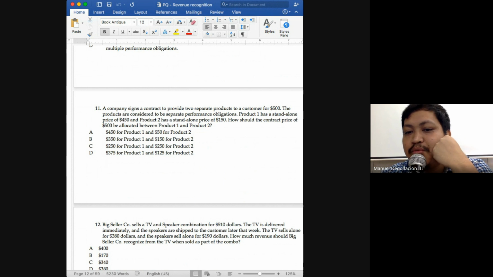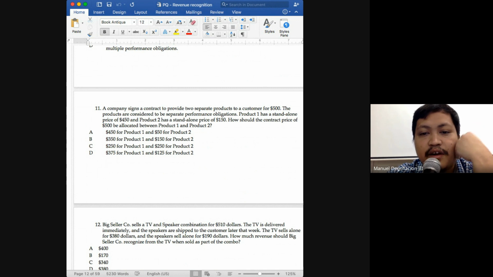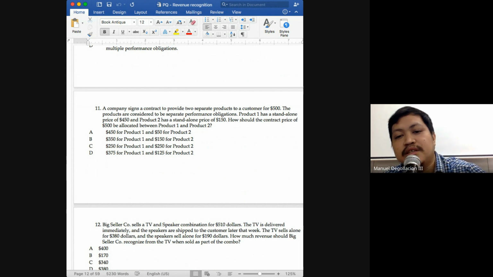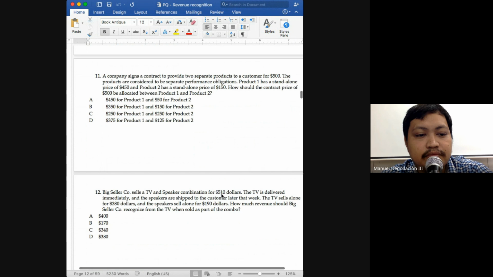For product 2, this would be 150 divided by 600. If you multiply those fractions with the transaction price, how much is the transaction price? 500. So for product 1, 500 times 450 over 600, that will give you 375. For product 2, 500 times 150 over 600, that will give you 125. So the answer number 11 is delta.